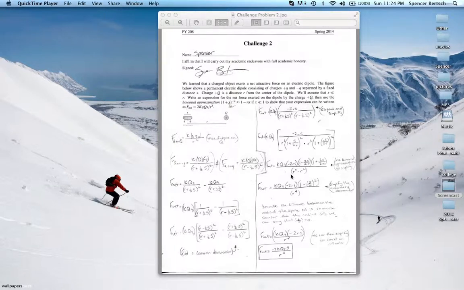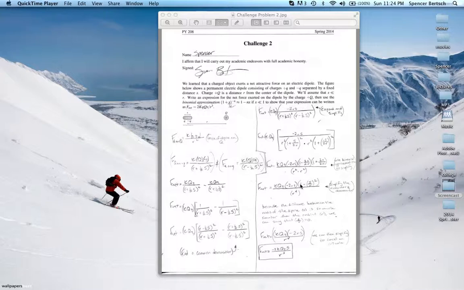So basically, when S becomes much, much smaller than R, a fraction like S over R right here looks like some value 0 over some value that's not 0. When you have something that's really small over something that's really big, it looks like 0. So it would be 0 squared, and then this would just cancel.